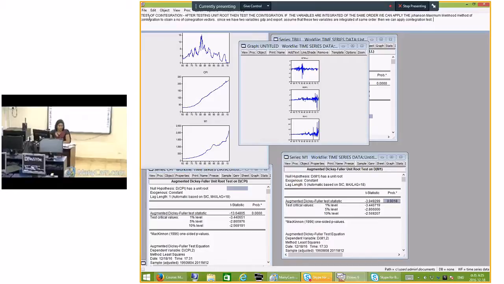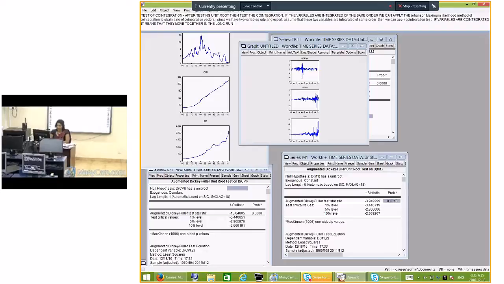Right, after testing this, if variables are co-integrated, it means that they move together in the long run.